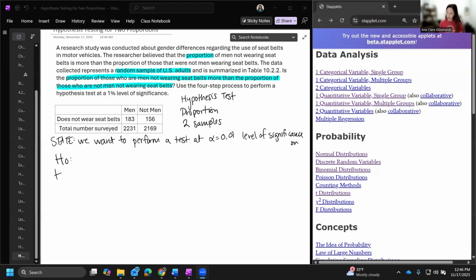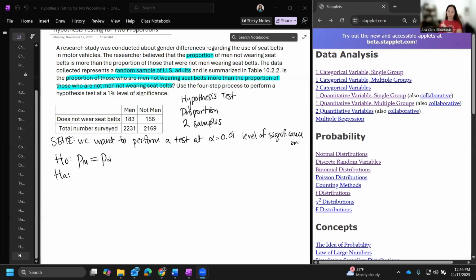This is about proportions, and please note that our statement of equality is always the null hypothesis. And we're talking about men versus not men. So I could say P1 and P2, or I could say PM and PN. So I'm going to say PM and PN, and they're equal in our null hypothesis, but our test is, are men not wearing their seatbelts more?